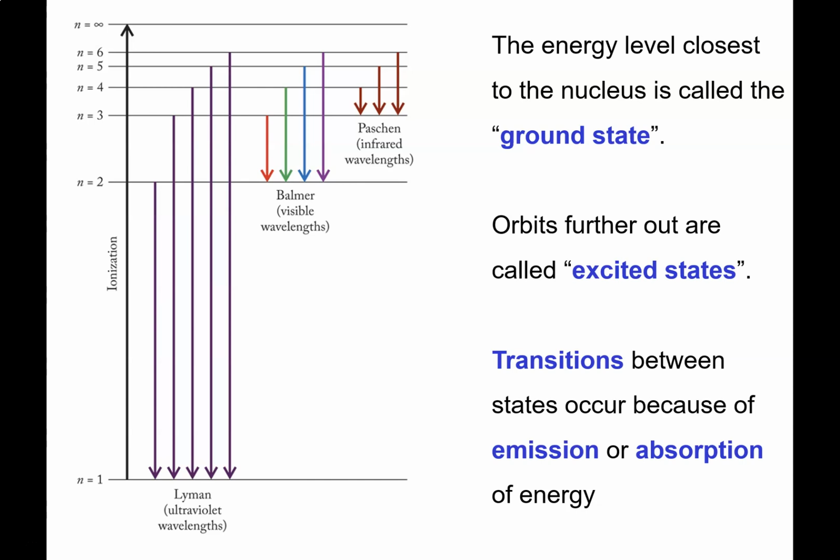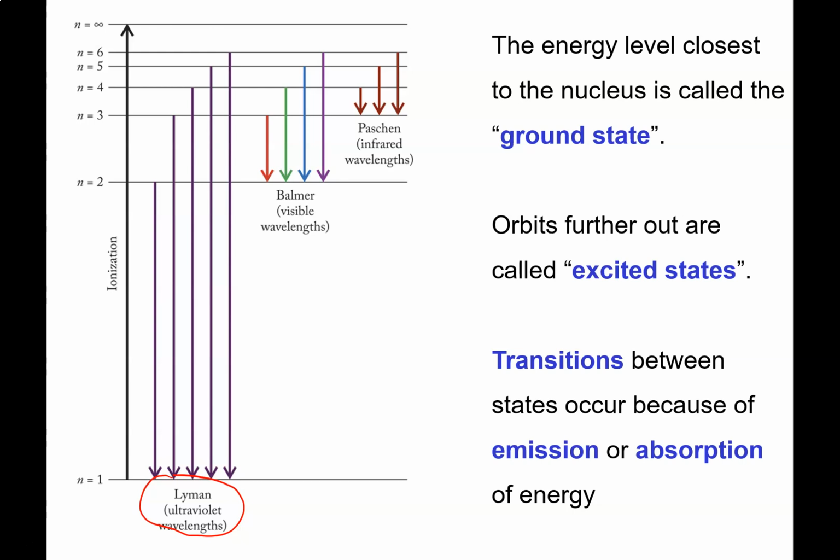When an electron moves from an orbit or stationary state further away from the nucleus down to the n equals 1 state, that's a big drop in energy, and a photon in the ultraviolet region is emitted. That corresponds to a line in the Lyman spectrum.